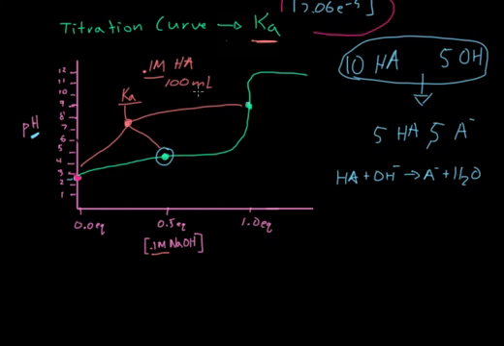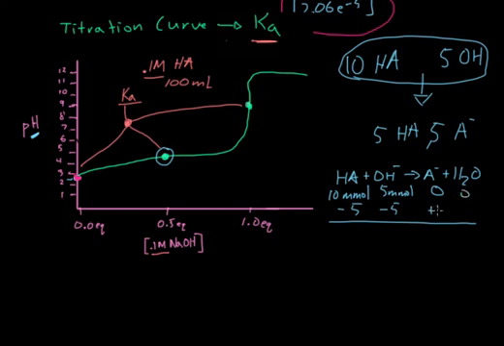0.1 molar times 100 milliliters is 10 millimoles. 0.1 times 0.5 equivalences, or 50 milliliters, is going to be 5 millimoles. Limiting reagent, right? So minus 5, minus 5.